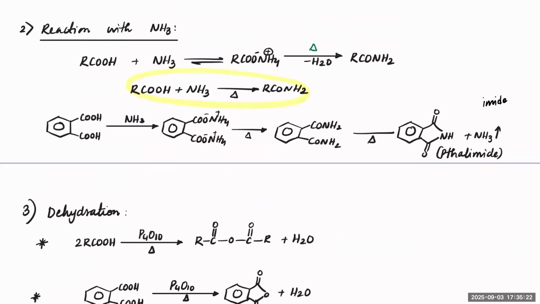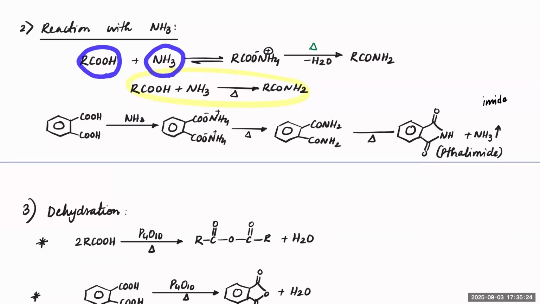Next. When we take acid and react with ammonia, this is also like an acid-base reaction. So first salt is formed. Ammonia is a base, this one is an acid. The hydrogen will go here, NH4 plus will form, and salt is formed. As you heat it, it will release water. So these two hydrogens and oxygen will come out and it converts into amide. So remember, on heating, it will convert into amide.